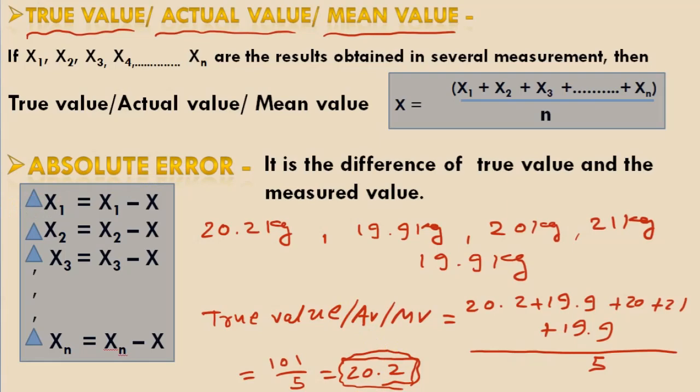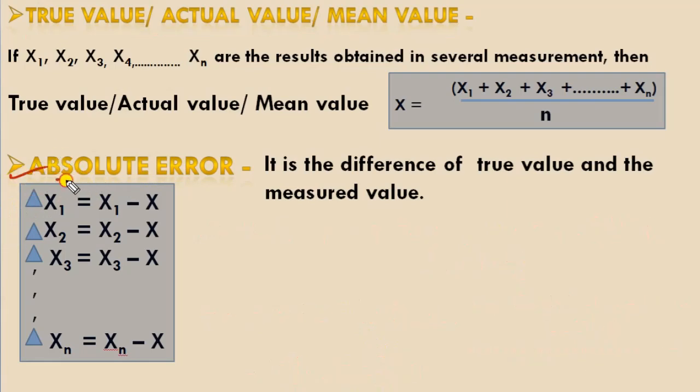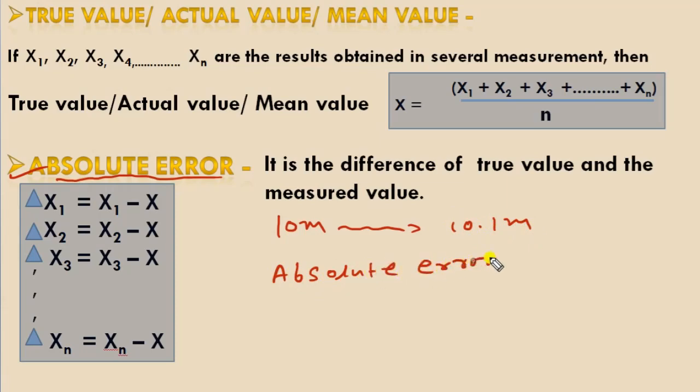Let's talk about absolute error now. Absolute error is simply the difference between measured value and true value. Suppose while measuring a length, the true value of which is 10 meter, you got a measurement of 10.1 meters. Then the absolute error would be the measured value, 10.1 meter, minus the true value, 10 meter.